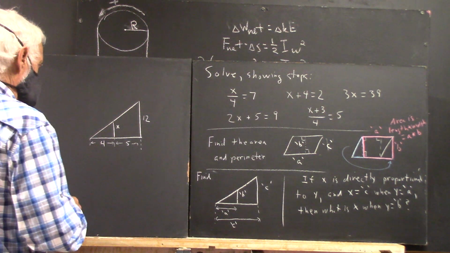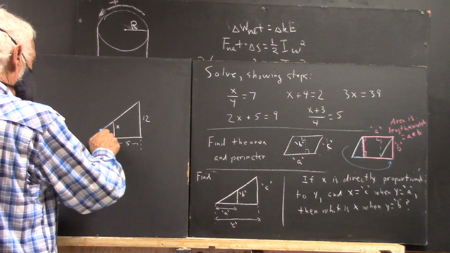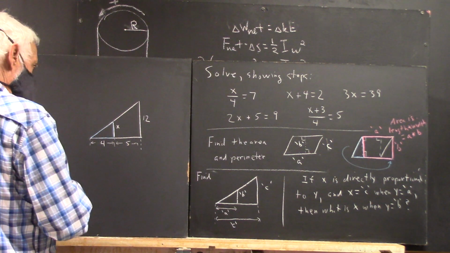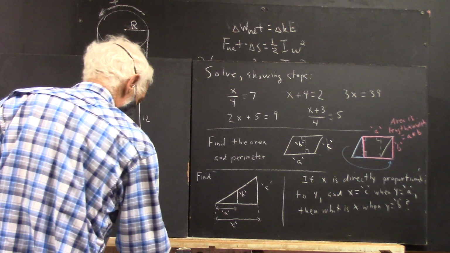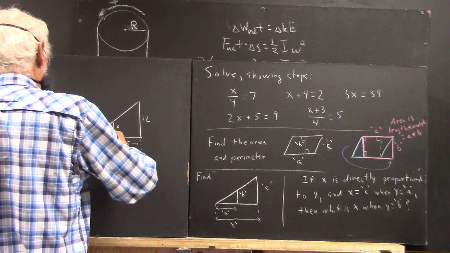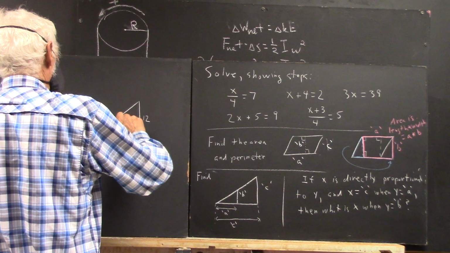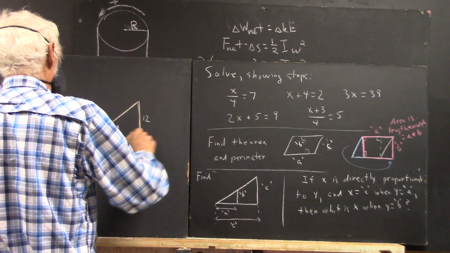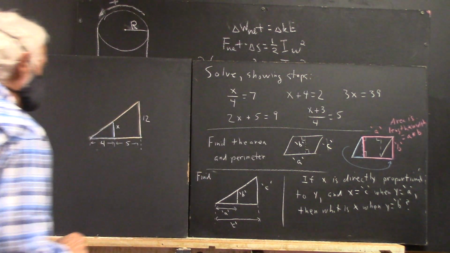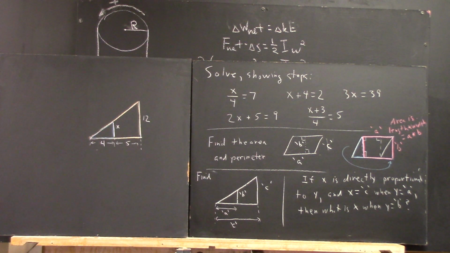So let's just make this little triangle blue, and the big triangle is going to be orange.